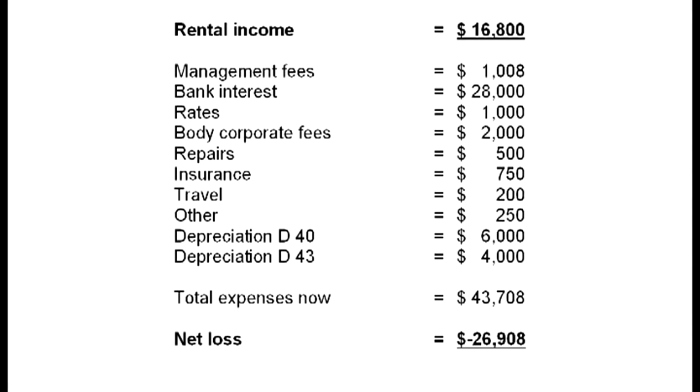Now, let's look at the true cost of the rental property in our example. The rental income was $16,800, less all the management fees, bank interest, rates, body corporate fees, repairs, insurance, travel, other deductions and depreciation expenses resulted in total expenses of $43,708. The net loss was $26,908.